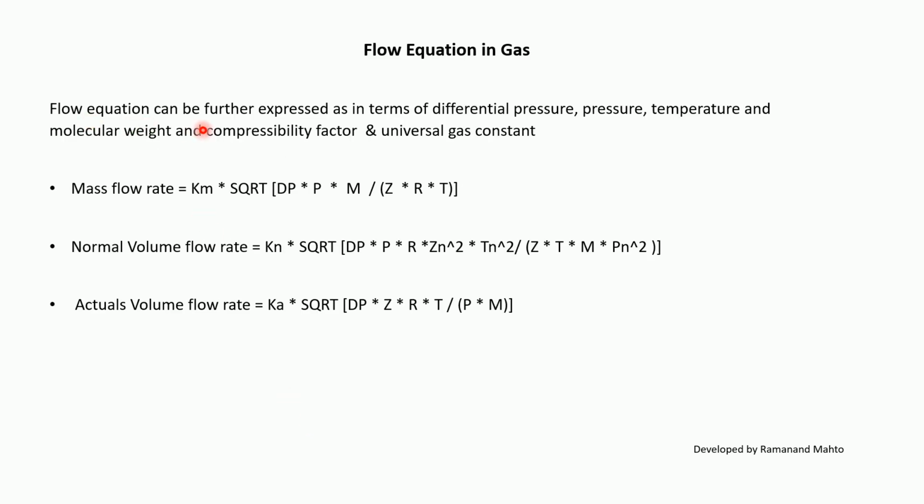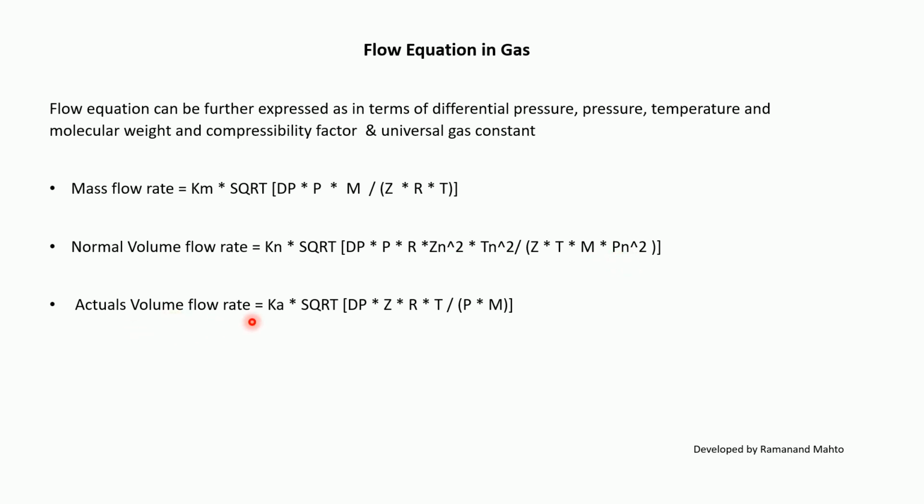The flow equation can be further expressed in terms of differential pressure, temperature, mole weight, compressibility factor and universal gas constant. So mass flow rate is equal to Km into square root of dP into P into M upon Z into R into T. Normal volumetric flow rate is Kn into square root of dP into P into R into Zn square into Tn square upon Z into R into T into M into Pn square.